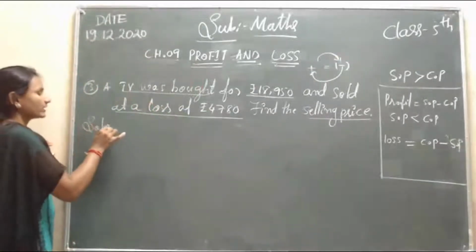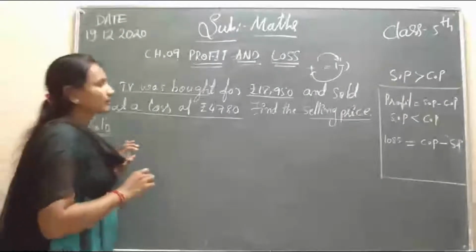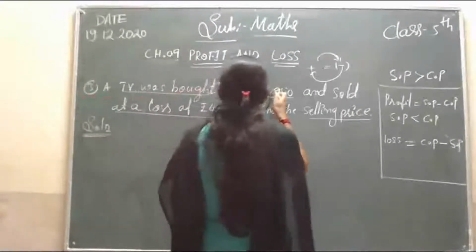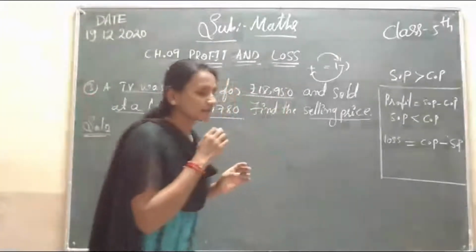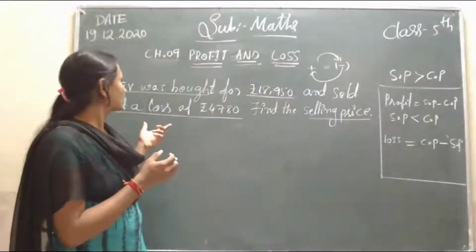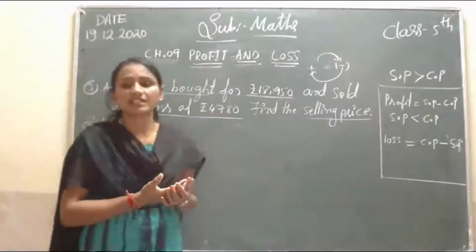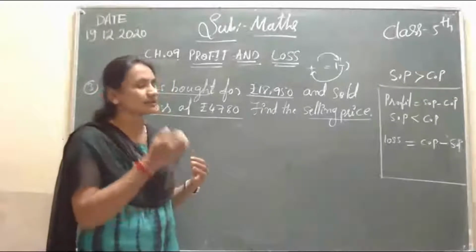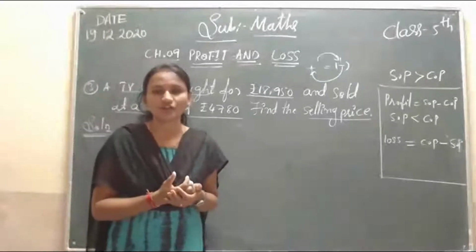First you have to write the given values. The money of the TV is the cost price.